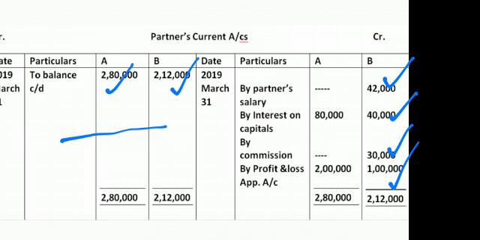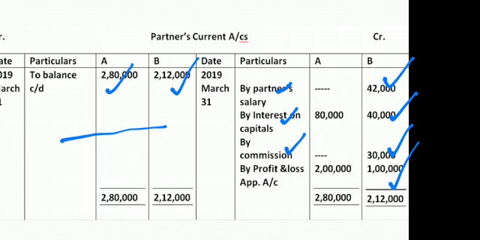This is clear, how we have prepared these accounts. We are simply transferring. Notice one very important point, children: we are writing partner's salary, interest on capital and commission. Remember the related journal entries which we did?